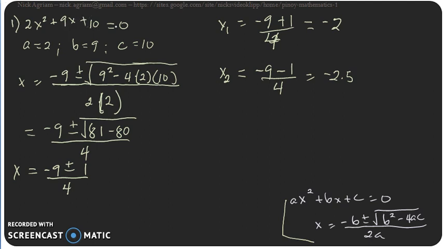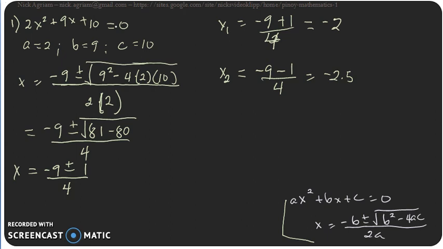Then we have negative 2.5. So 2.5 squared is 6.25 times 2, then we have 12.5. So 12.5 minus 9 times 2.5. That's negative 2.5, sorry.